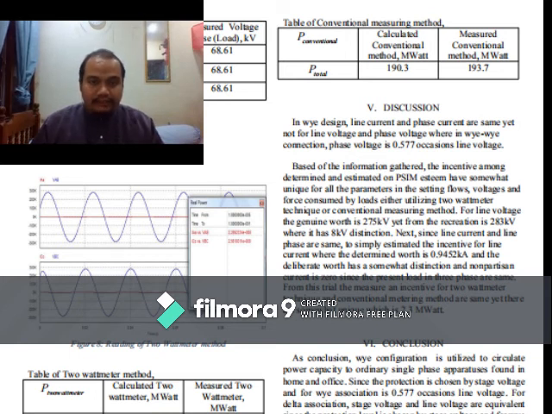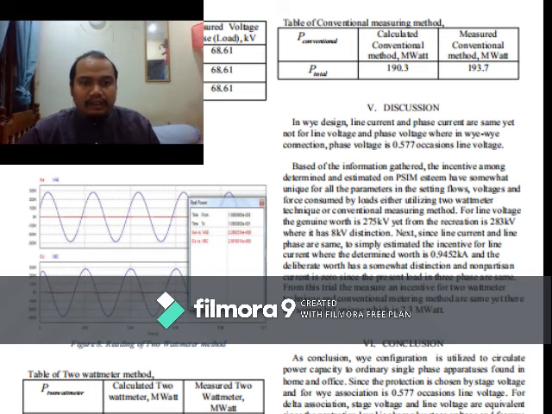As the result, in Y design, line current and phase current are the same, yet not for the line voltage and phase voltage with the YY connection. The voltage phase is 0.577 of the line voltage, as the main information estimated in PSIM. PSIM is deemed somewhat unique in the parameter settings for flow, voltage, and power consumed by loads, utilizing either the two-wattmeter method or the conventional measuring method.